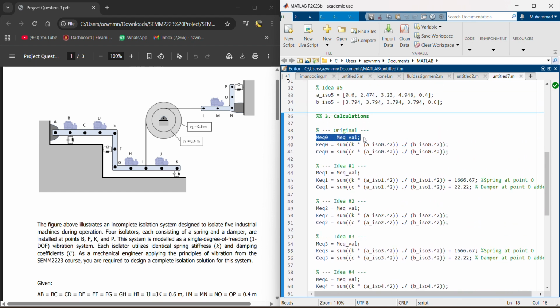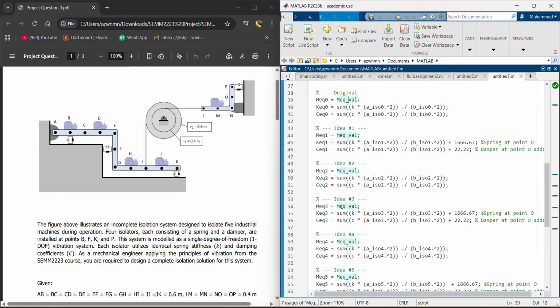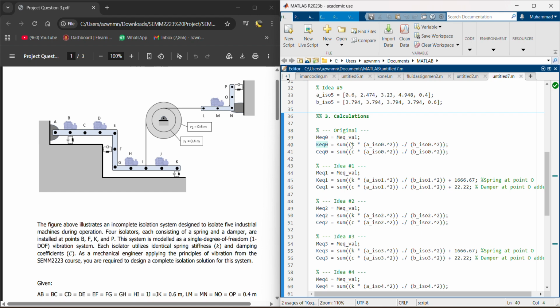we take MEQ as a constant, so for all ideas MEQ is the same. KEQ is the summation of K times A squared over B squared.